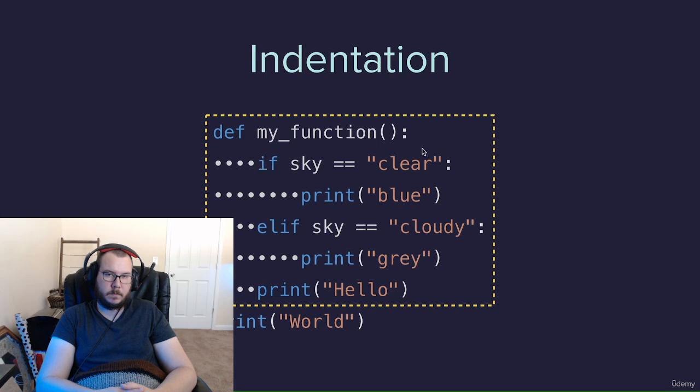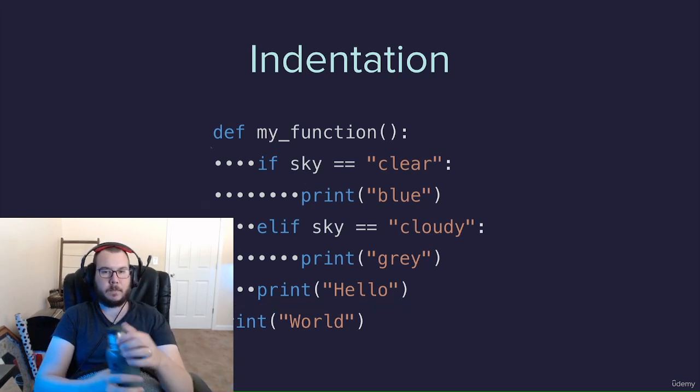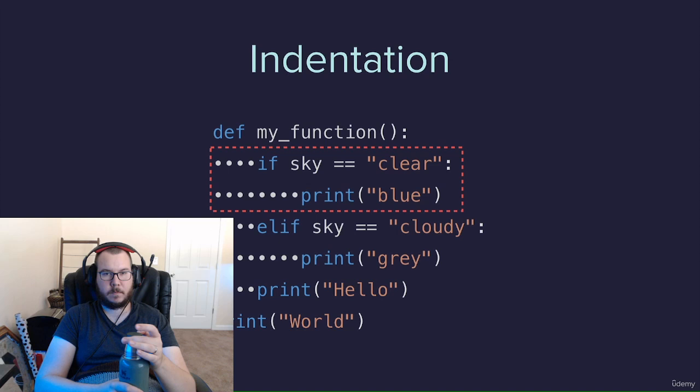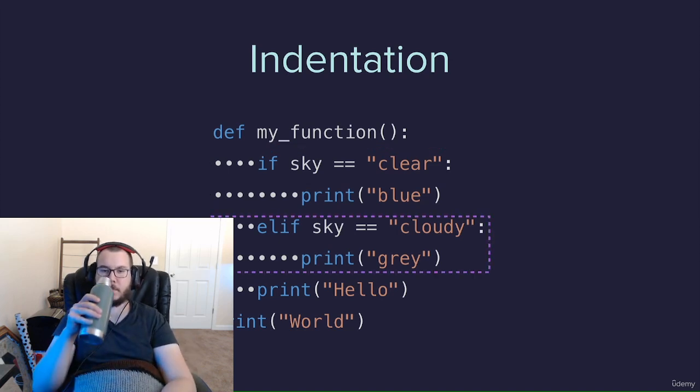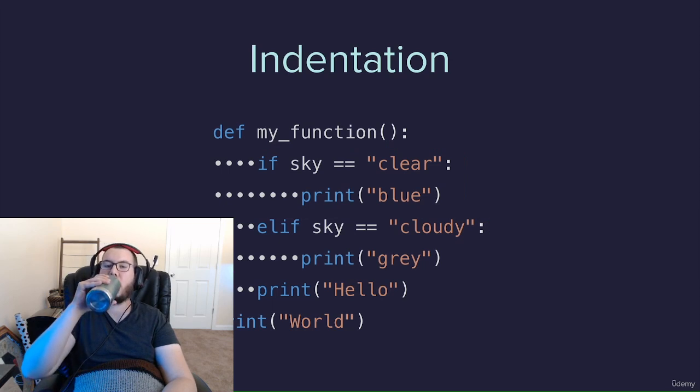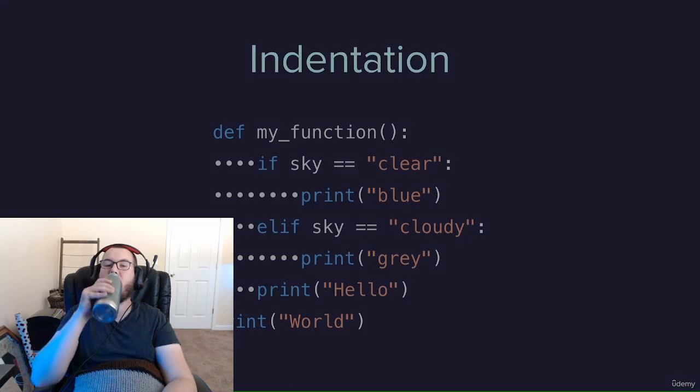Now, if we wanted to have another block of code inside this if statement, then this line has to be indented a further 4 spaces. So this is the function block, this is the if block, this is the elif block, and you have to be able to see all of this while just looking at the indentation.